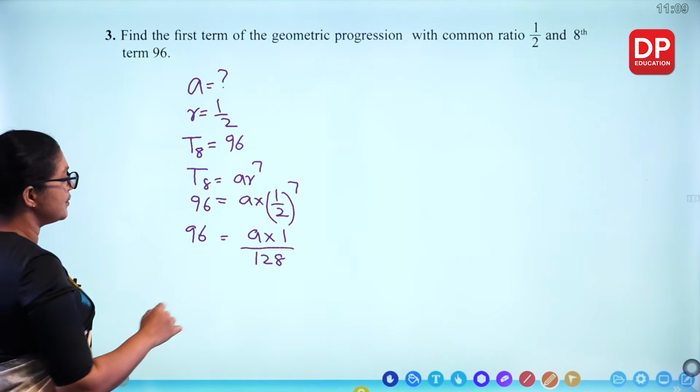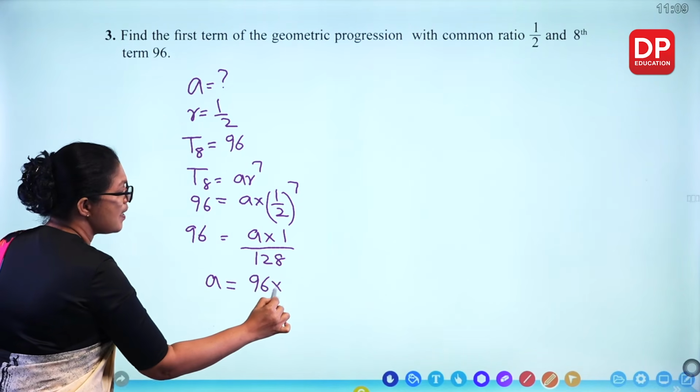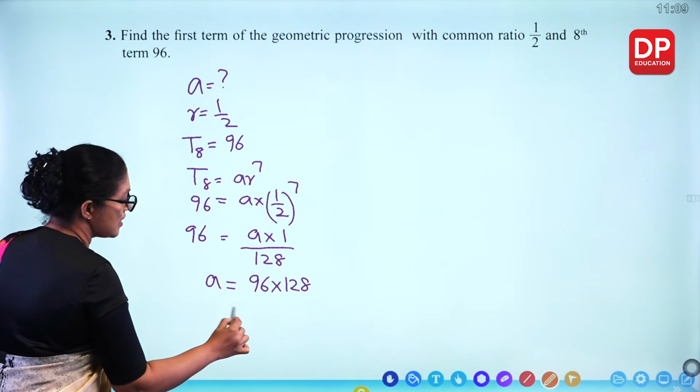So what's the a value? a equals 96 times 128.